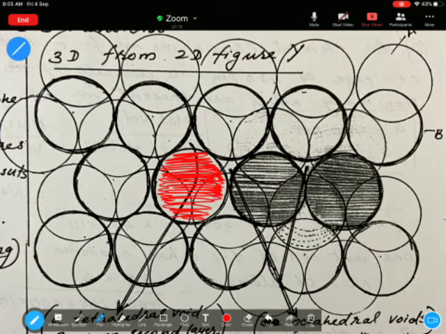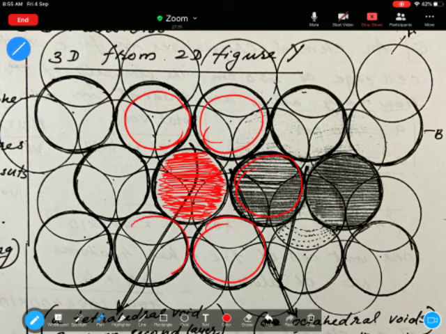This ball is in contact with how many balls in its own layer? That is 6. 1, 2, 3, 4, 5, 6. So the central ball is in contact with 6 balls in its own layer, and it is in contact with 3 balls of A layer.